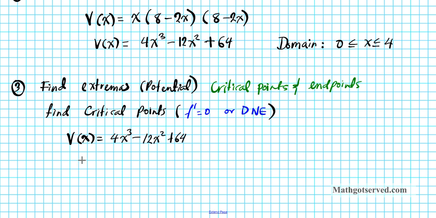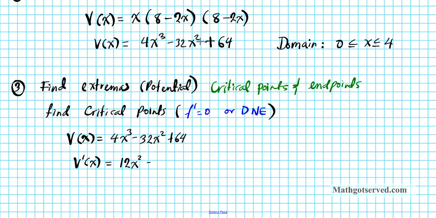And then v prime of x is going to be 12x squared minus... okay, I made a slight mistake in my expansion. Just a real quick correction here. This is supposed to be 32. Sorry about that. And this right here is 32 also. Okay, so it's 32x squared, and then this is 32x squared also.